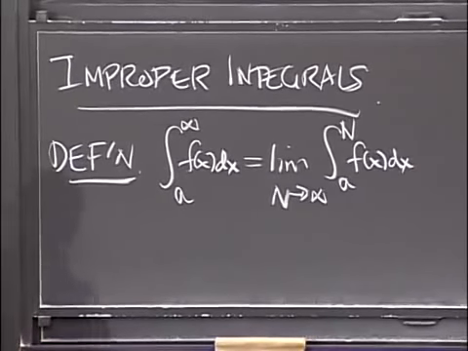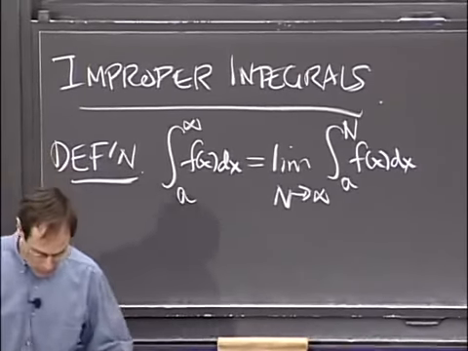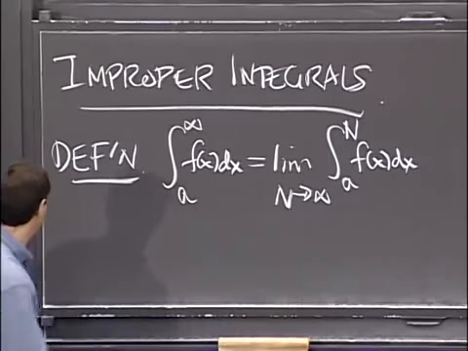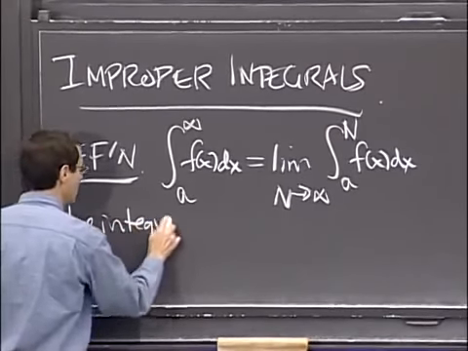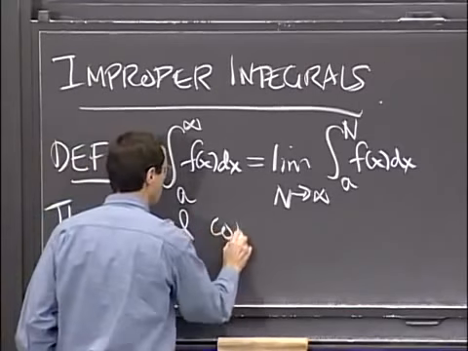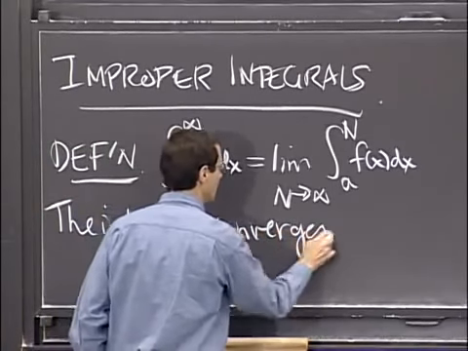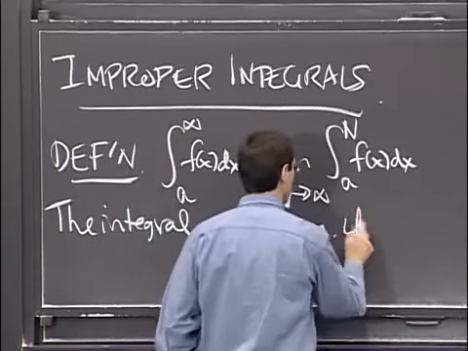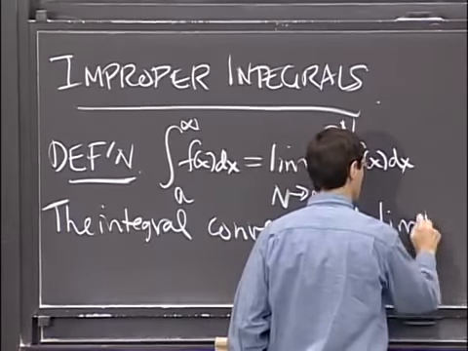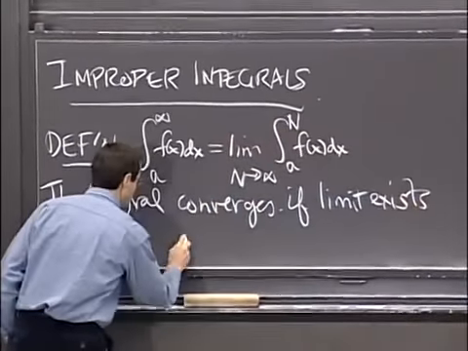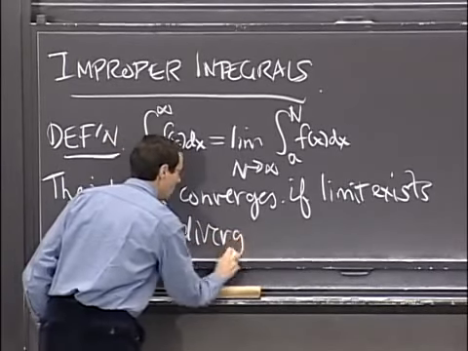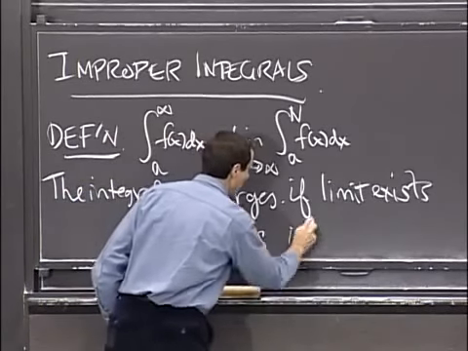Well, that's the definition. And there's a word that we use here, which is that we say the integral, so this is terminology for it, converges if the limit exists and diverges if not.